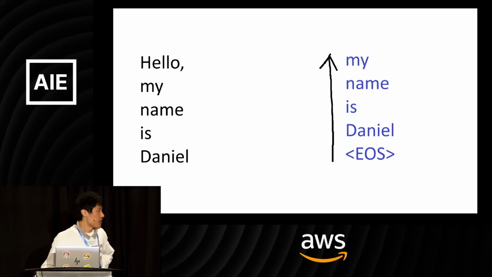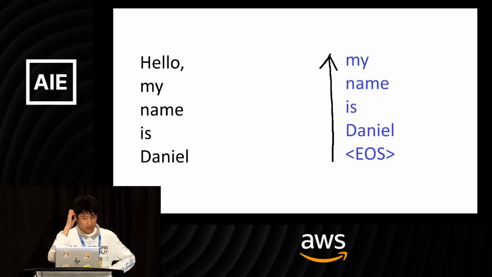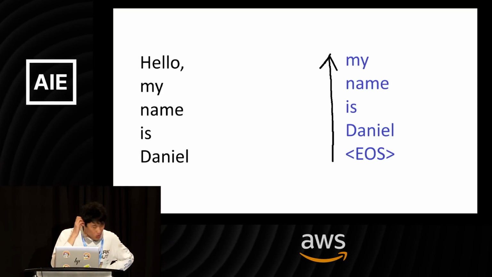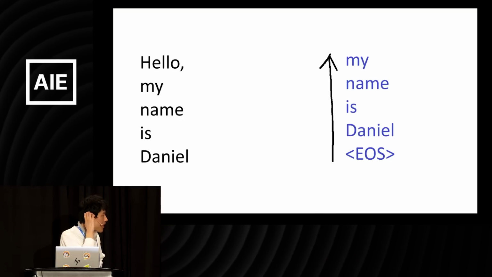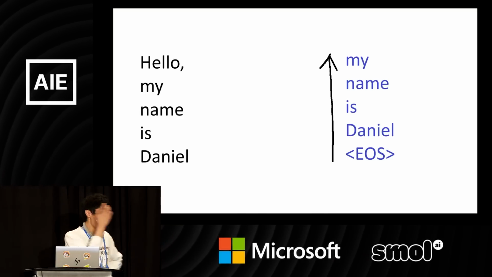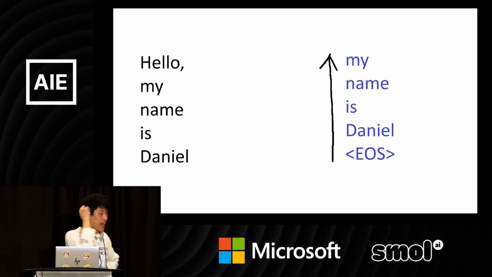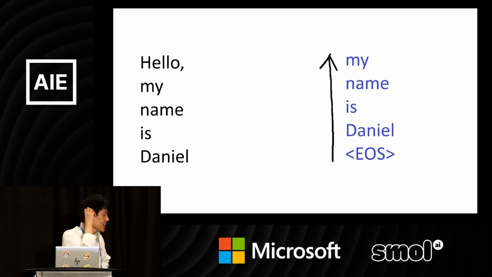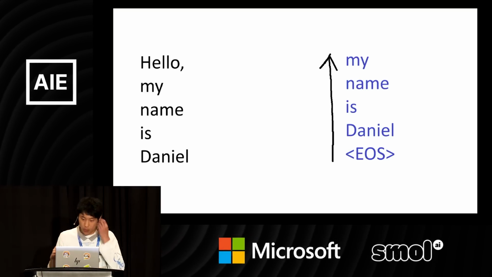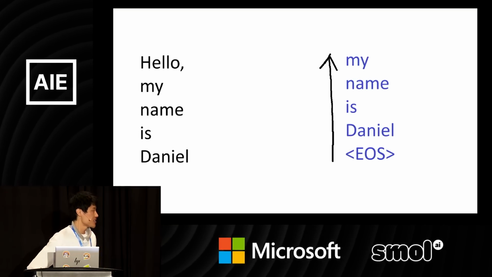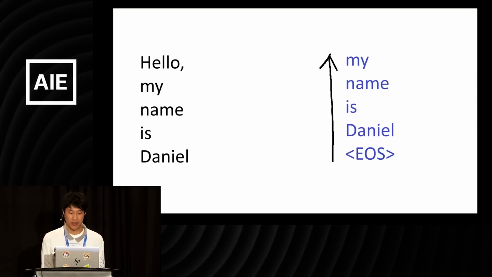When you train a language model, there's a trick you use. Remember, we want to predict the next word. So given hello, you want to predict my. Can someone notice any pattern with this? Why did I do the arrow?